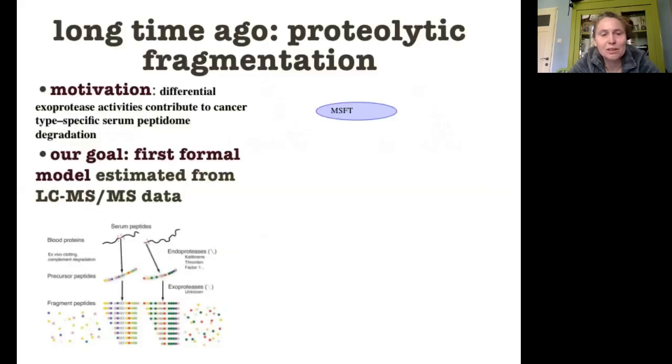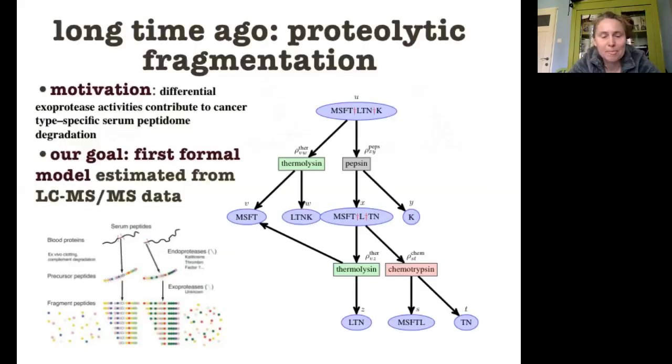Okay, let's go to another problem related to medical diagnosis. It was a long time ago we analyzed samples from colorectal cancer patients, mass spectrometry samples, a complex mixture of blood serum from patients with cancer and healthy donors. And in such case, the main goal is often to find the so-called biomarkers.